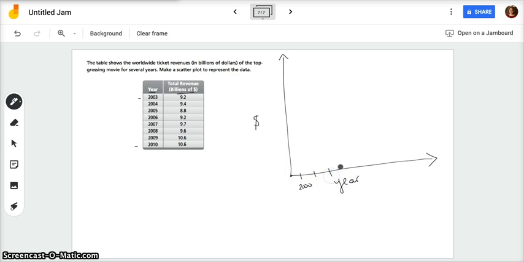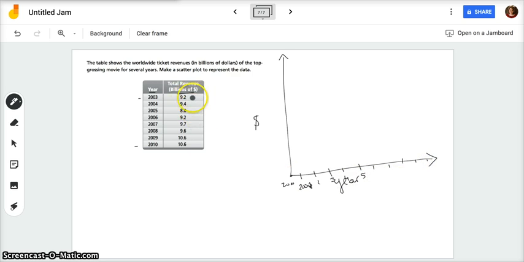2001, 2002, 2003, 2004. Actually, I should make this 2000, this 2001, this 2002, 2003, 2004, 2005, 2006, 2007, 2008, 2009, 2010.